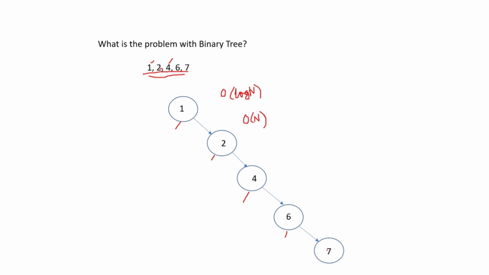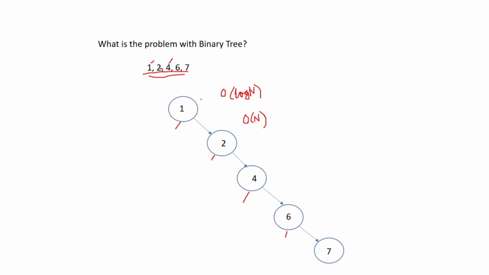Suppose this node number 7. Now this is a very poor data structure from that point of view, because it is more complex to insert in a binary tree than a list or an array, yet it is acting like a list.